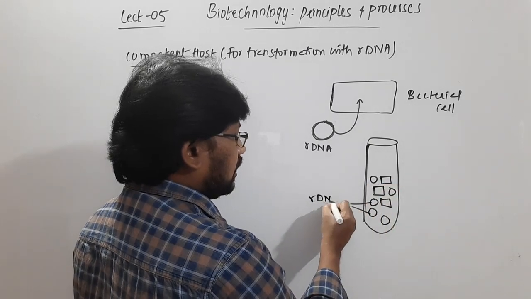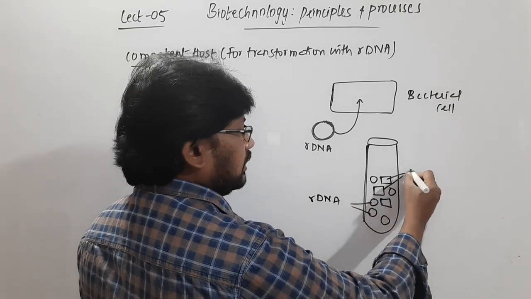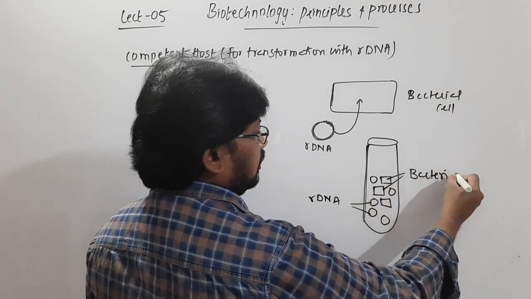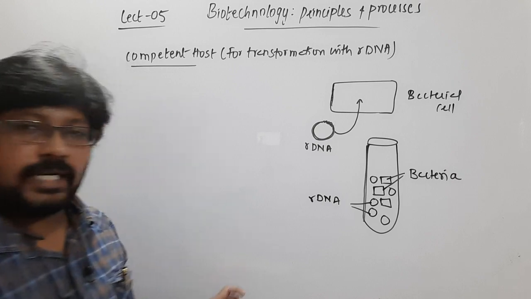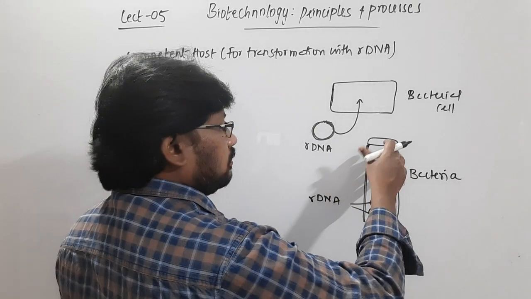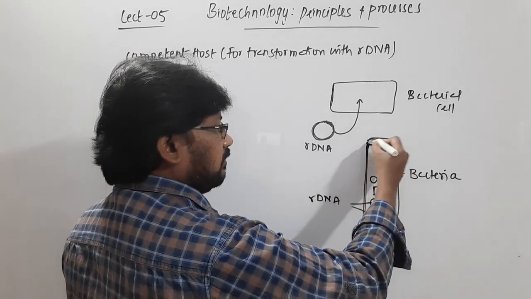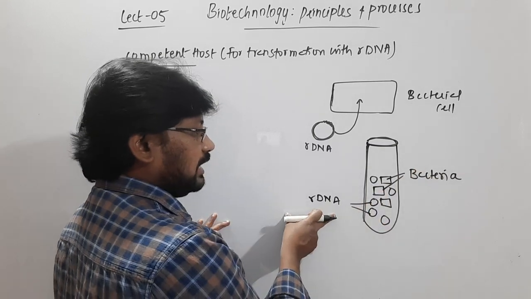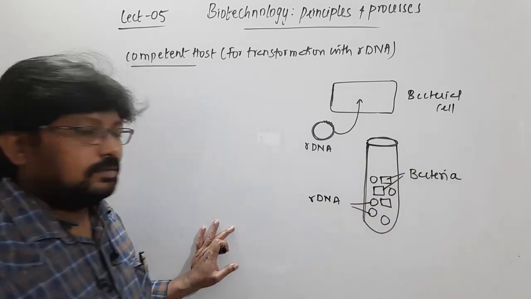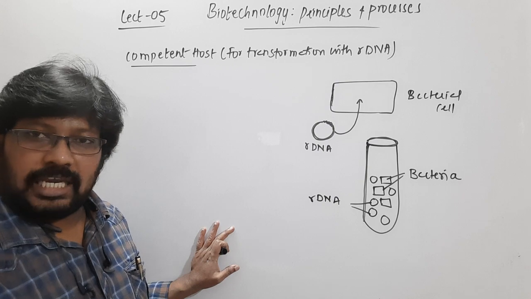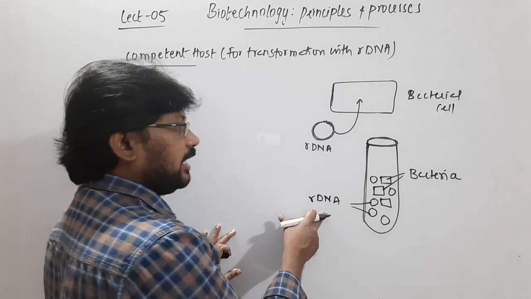So these are rDNAs and these are bacteria, right? Now with different procedures I will make this bacteria take this rDNA, but not all bacteria will be able to take this rDNA.